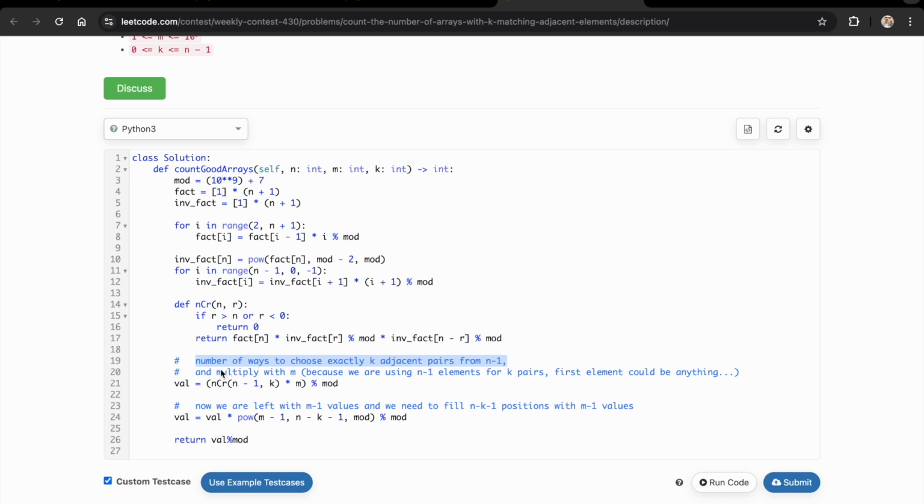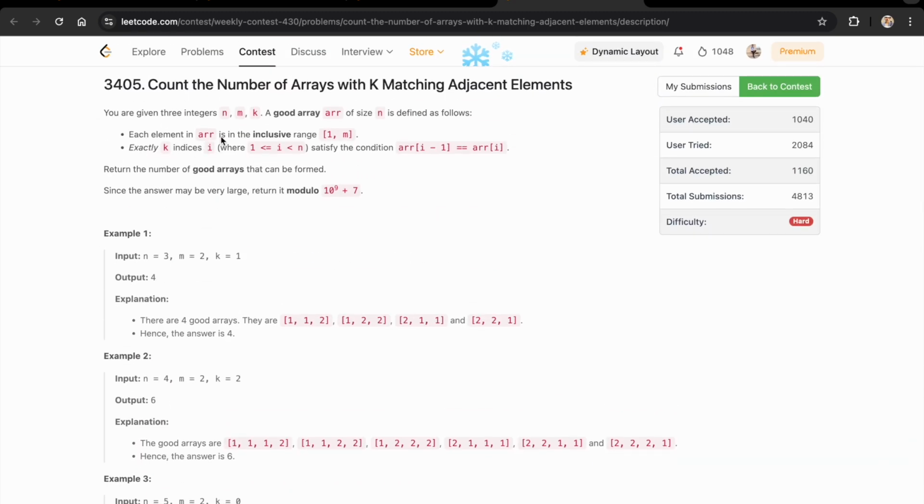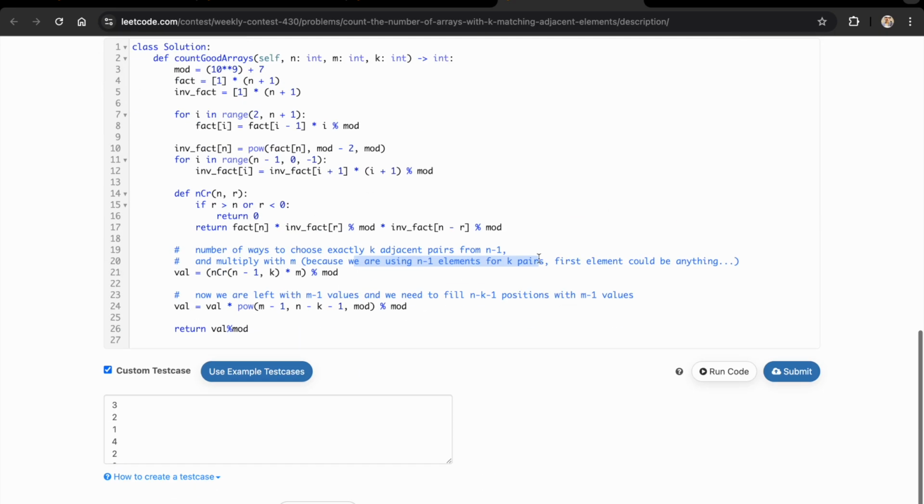After that we are left with the first element, and the first element could be anything. In the question it is given that the array is in the range 1 to m, so it could be any element from 1 to m, so we multiply by m.